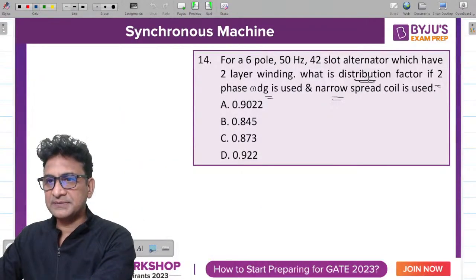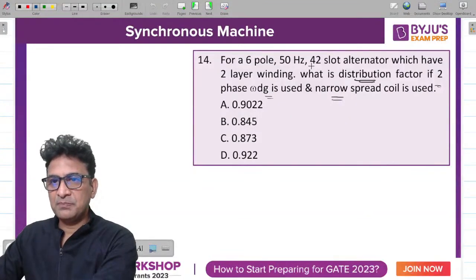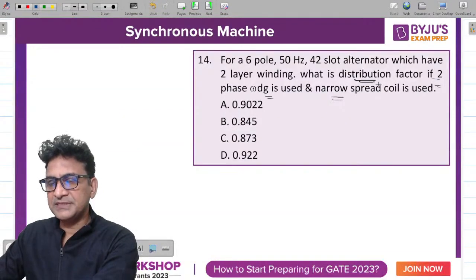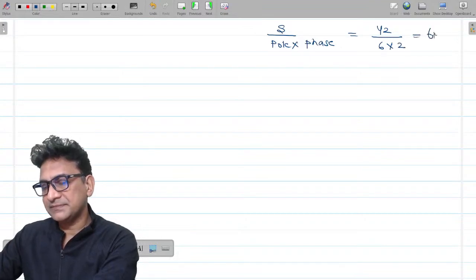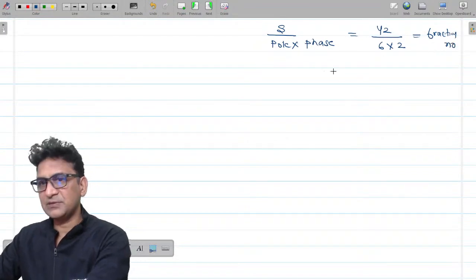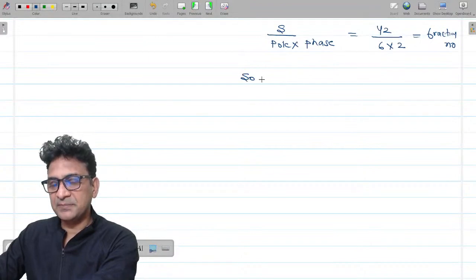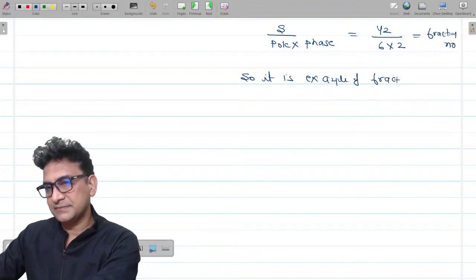Total number of slots is 42, total poles is 6 and total phases is 2. So we get a fractional number. That means it is a fractional slot winding. Yes, A is the correct option. So it is an example of fractional slot winding.